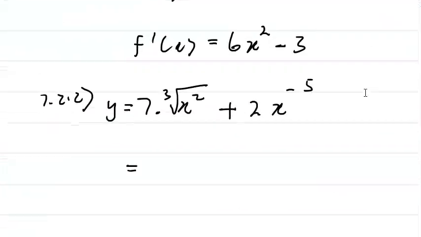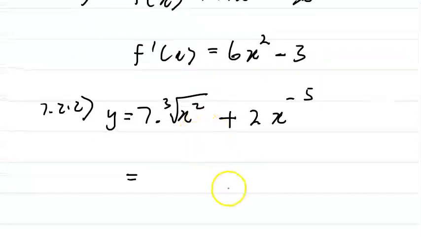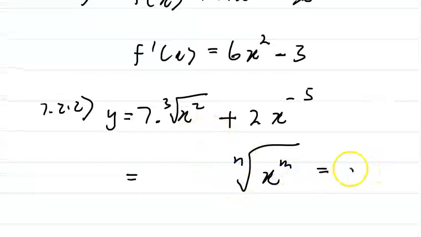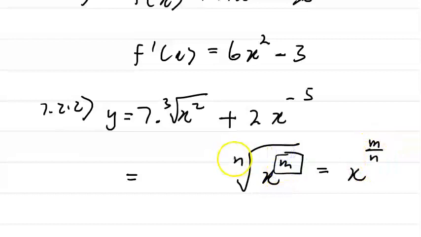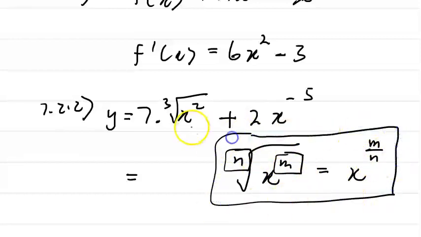So the rule that we use here is, I'll write it down here, when you've got the nth root of x to the m, it's equal to x to the m over n. So you take your power there and you divide it by your root. So it'll be x to the m over n. And this is a very important rule when we're converting. So we're going to use that exact rule there. You can just quickly take that down.